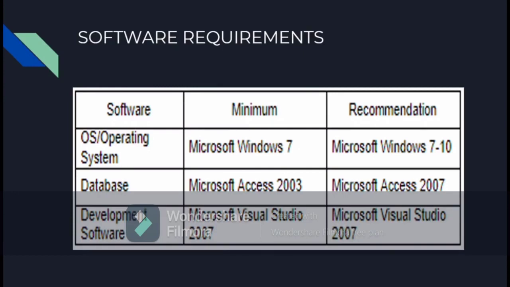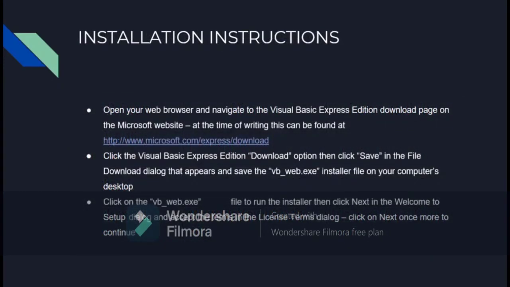Next is installation instruction. Open your web browser and navigate to the Visual Basic Express Edition download page on the Microsoft website. At the time of writing, this can be found at microsoft.com/express/download.